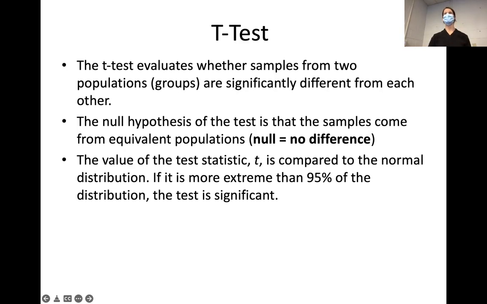Again, I'm focusing on the stuff that I think is really important. Other professors may focus on other aspects depending on how into statistics they are. I just want the basics. I want you to understand whether there's a difference in two samples. So when you run a t-test, and we'll do that today, you'll get a value of t, a t statistic.